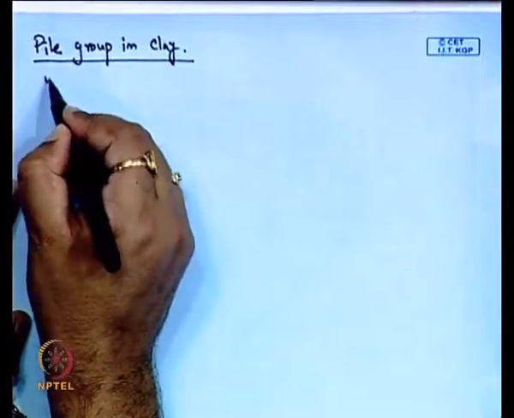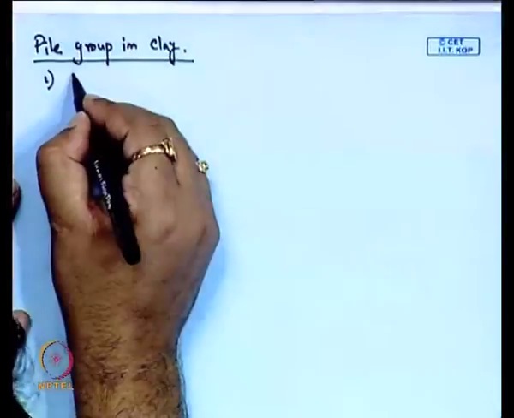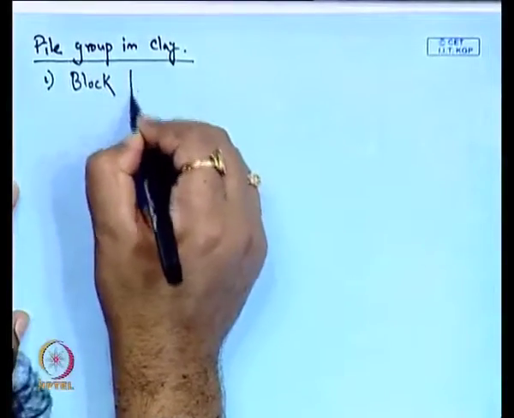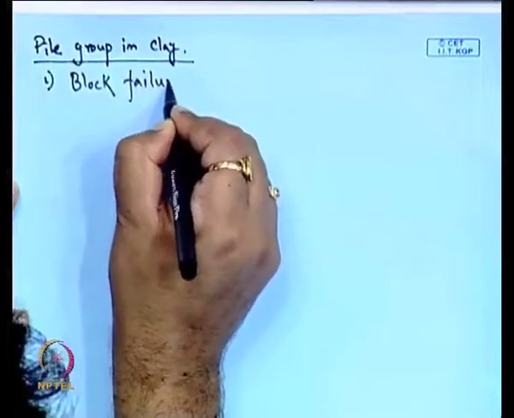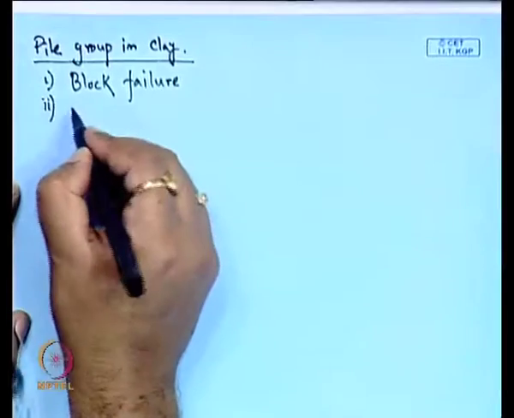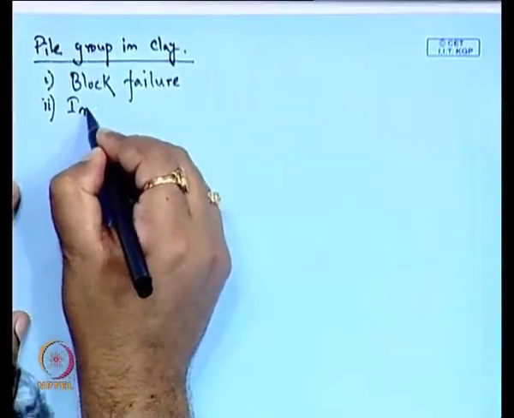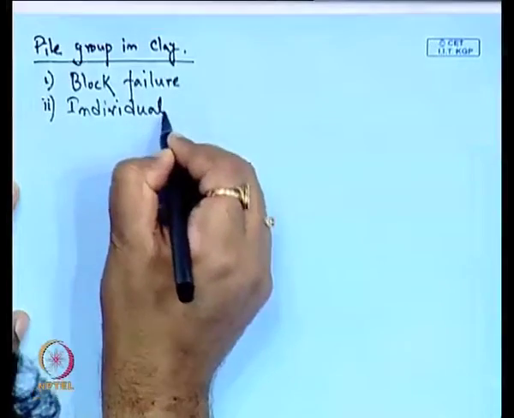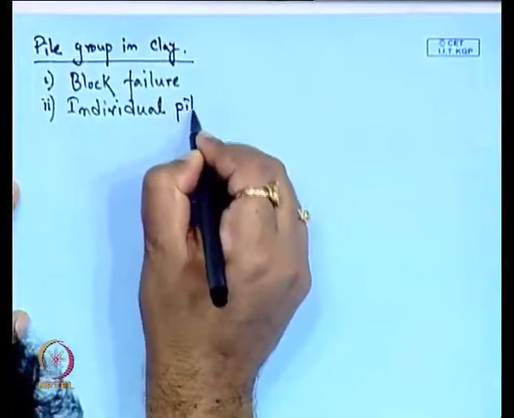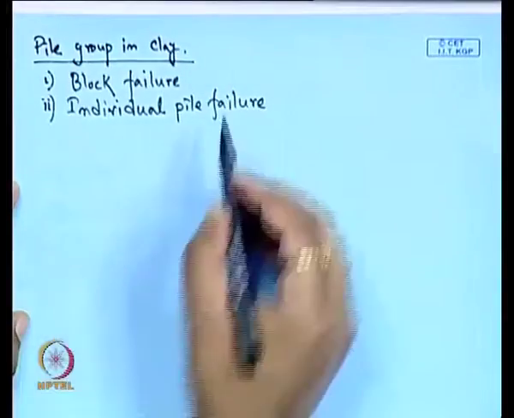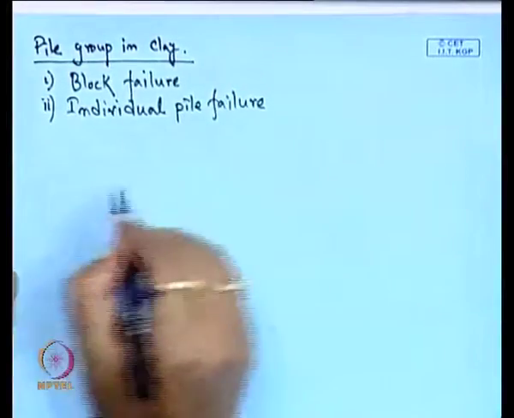As I have mentioned, there are 2 types of failure. One is block failure, and the second one is individual pile failure. So, these 2 types of failure will occur.